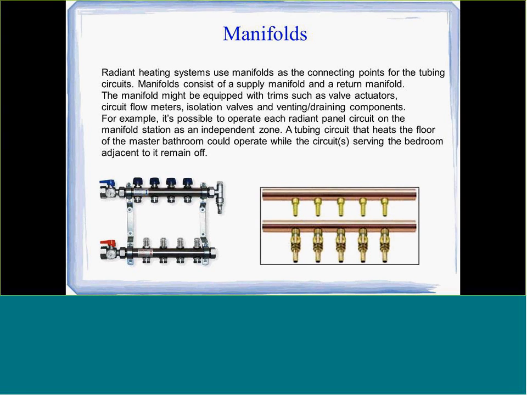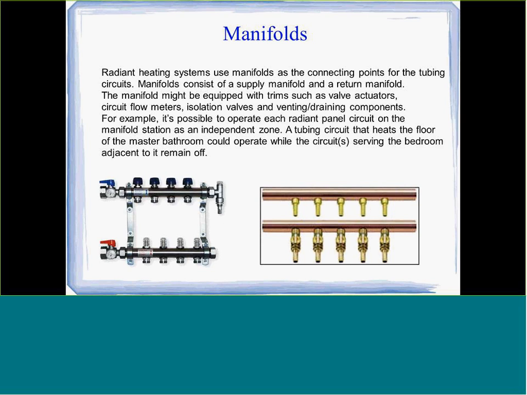Some of the accessories that you can get on a manifold would include the zonability of it. You can get shut-off valves on each individual loop. You can get balance valves on each individual loop. You can get flow meters on the loops, thermometers on the supply and return side, shut-offs on the supply and return side, air vents to vent the air out of the system, and also purge valves so that you can drain the water from an individual loop, or on installation, if you're trying to get all the air out of the system, you can power purge each individual loop, and the drain valve comes in to play when you're doing that.